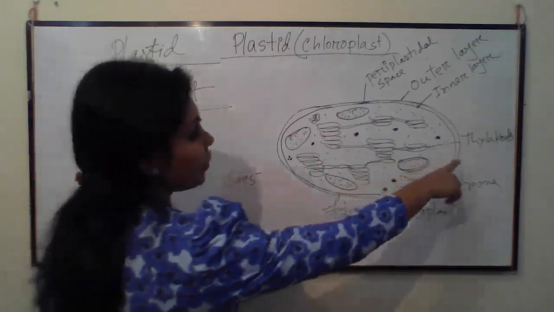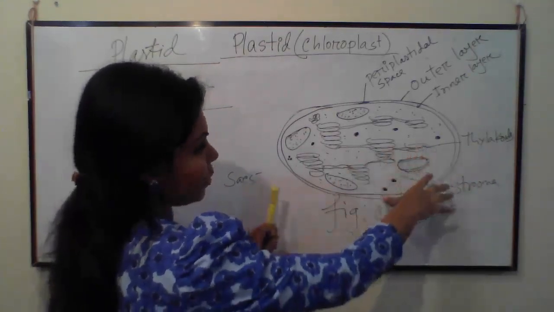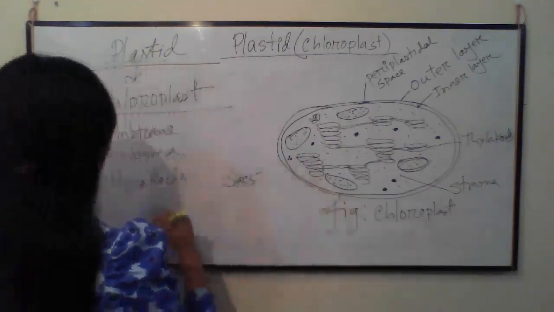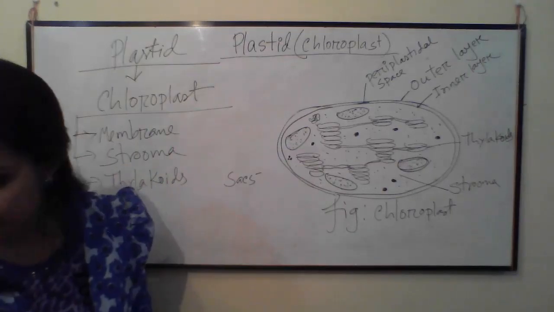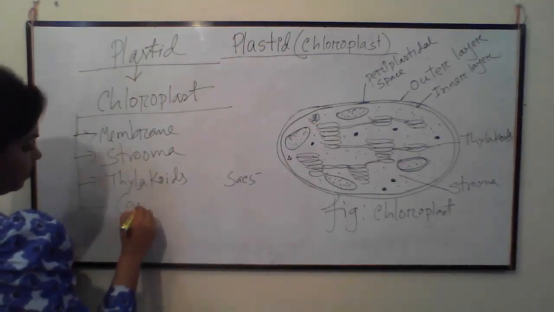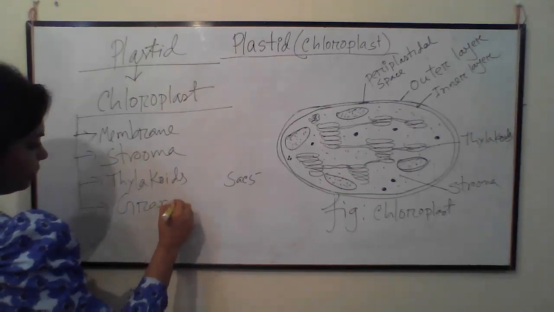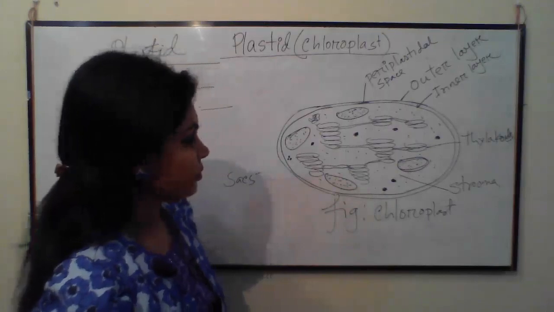Thylakoids are a number of flattened sacs found in the stroma. Next, grana, or granum.